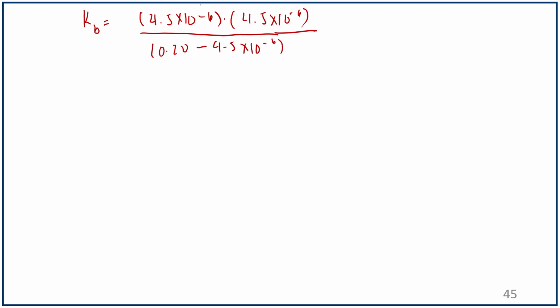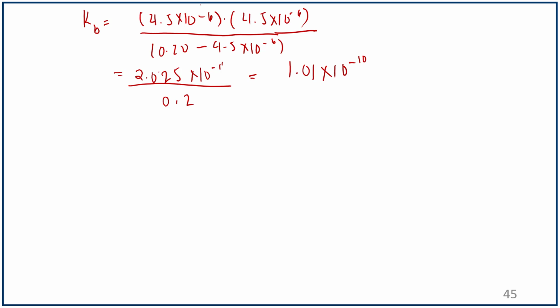Okay, and then this will just simplify into 2.025 times 10 to the negative 11 divided by, again, roughly 0.2 if you do the math. Okay, and then this will just give you 1.01 times 10 to the negative 10.